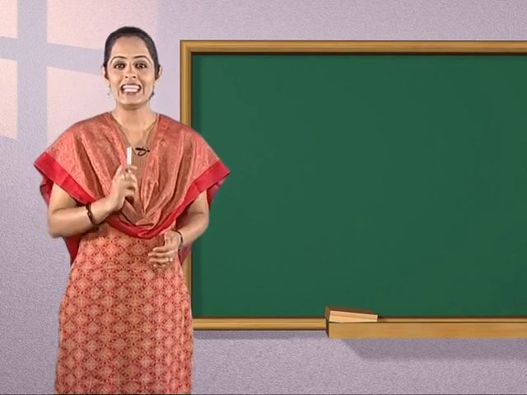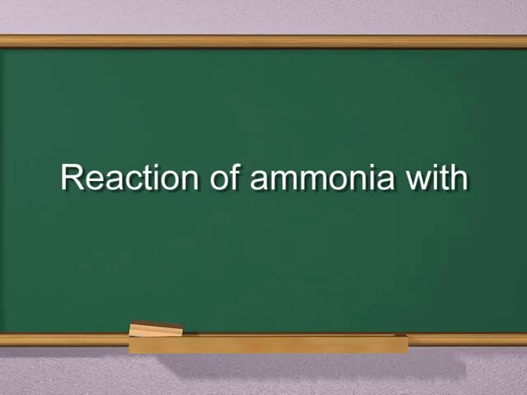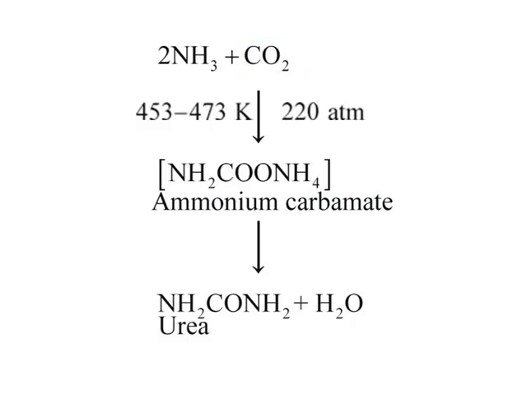Children, let us now learn about reaction of ammonia with carbon dioxide. When gaseous carbon dioxide is reacted with liquid ammonia at 453 to 473 Kelvin under a pressure of 220 atmospheres, it first forms ammonium carbamate, which subsequently decomposes to give urea.